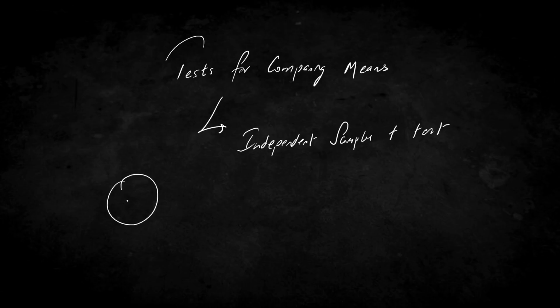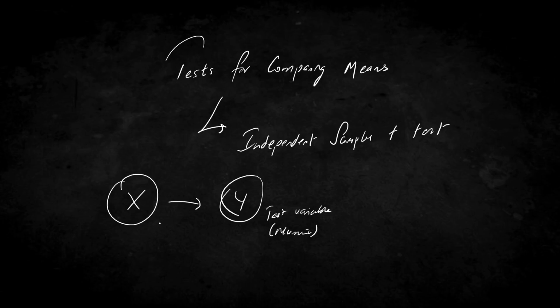So we can actually look at it in this way. We have x, we have y, that's our test variable, which is normally numeric, continuous. And then we have this variable which is categorical.